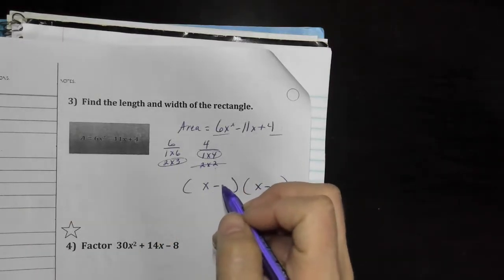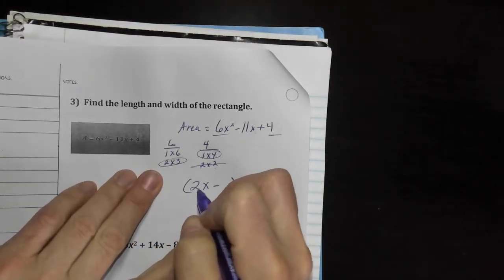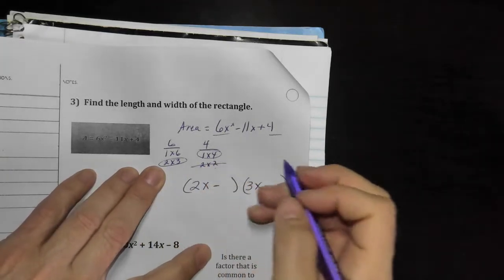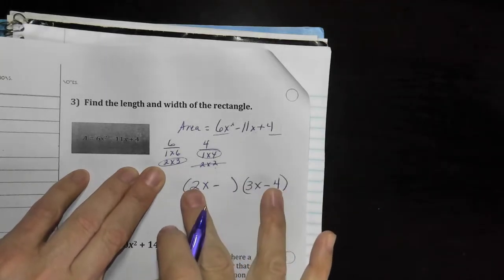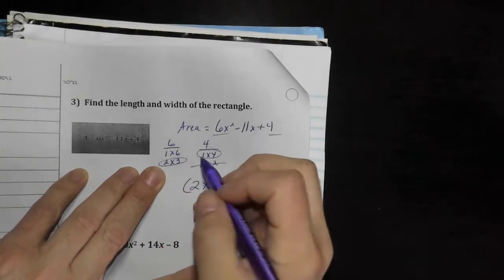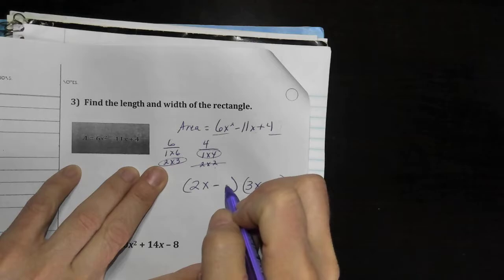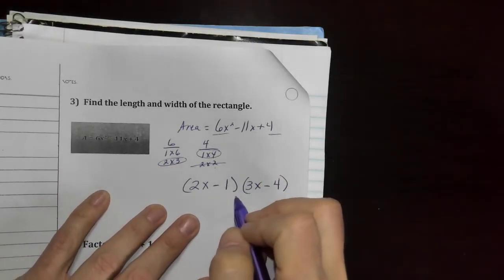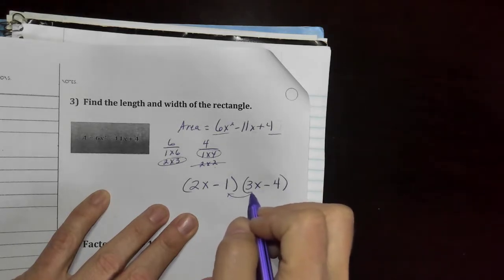So I'm going to put the 2 here, the 3 here. I want this 2 paired with the 4, so when I do my outside multiplication, I get negative 8. And this 3 with the 1. Because when I do my inside multiplication, I get negative 3. And then we're just going to double check.